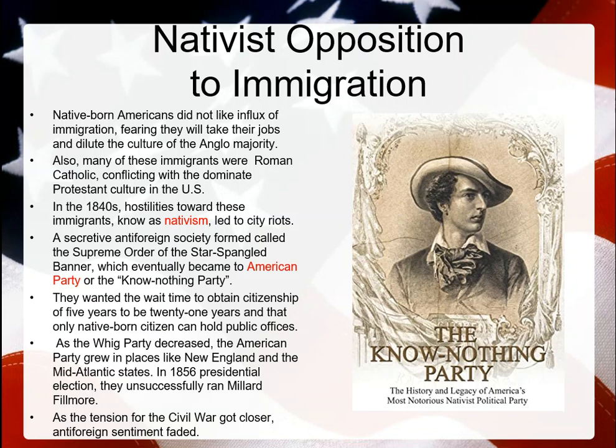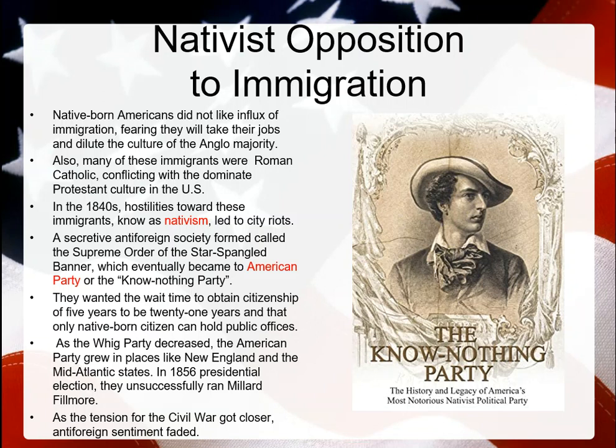So as a result, they became the Know Nothing Party. But anyway, these people wanted to make the wait time for citizenship, which was 5 years, 21 years. So they're really against the whole immigrating over here, which is interesting since America was nothing but immigrants.